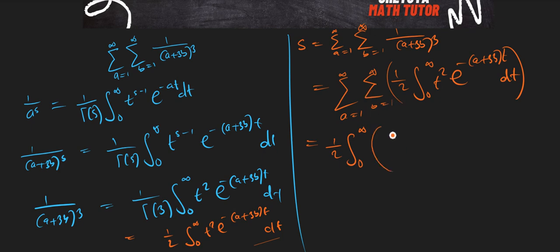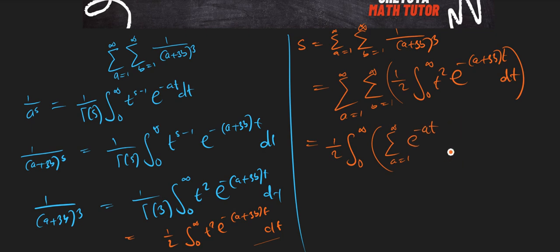the sum as a runs from 1 to infinity, and then the sum as b runs from 1 to infinity. Of course there is a t squared here.